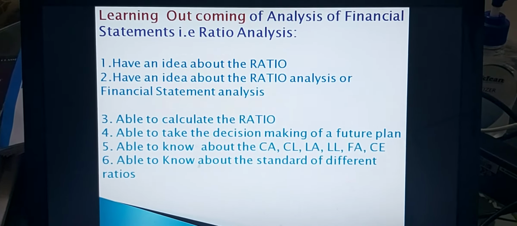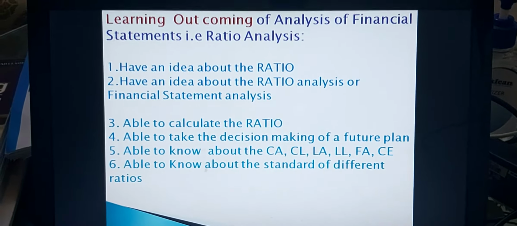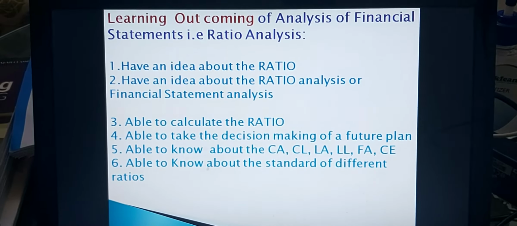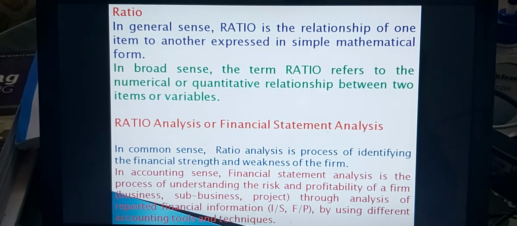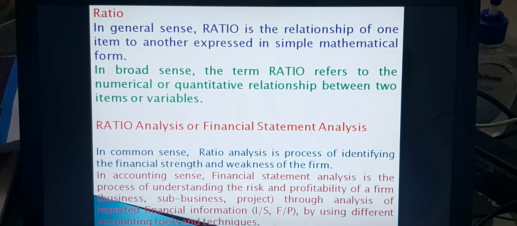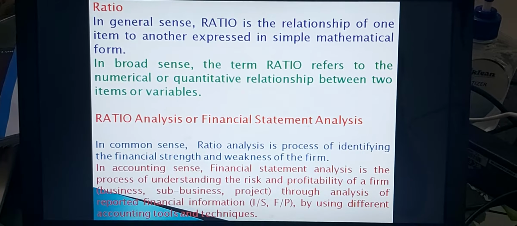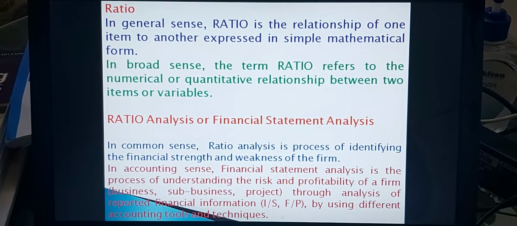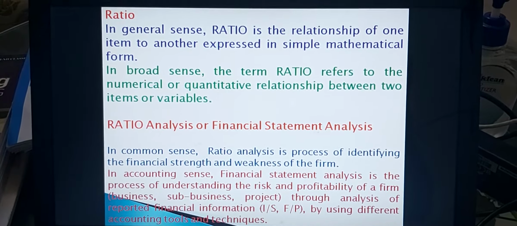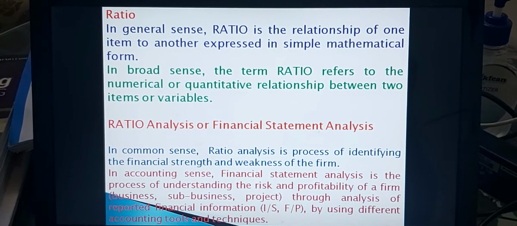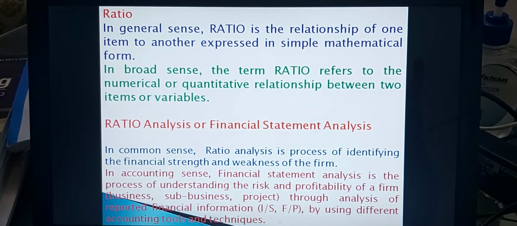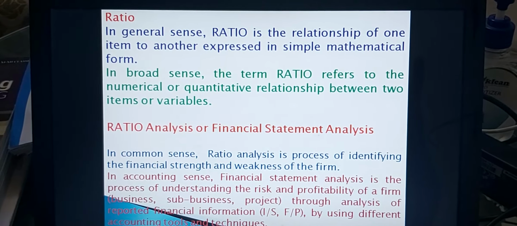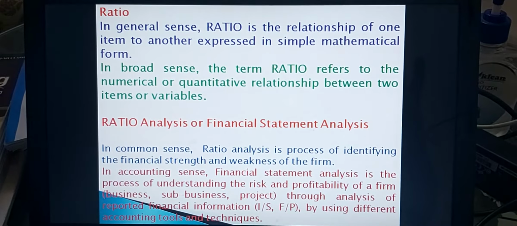Dear students, now I can go to our new lesson on the subject matter of ratio. What is ratio? In general sense, ratio is the relationship of one item to another expressed in simple mathematical form.